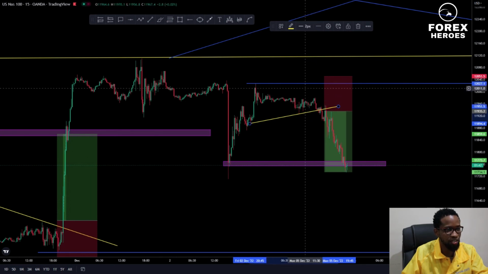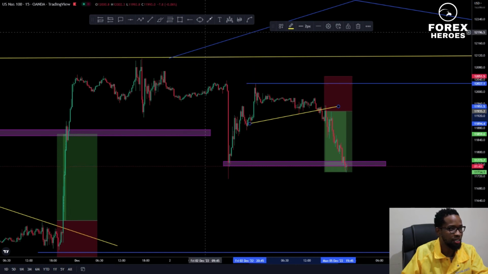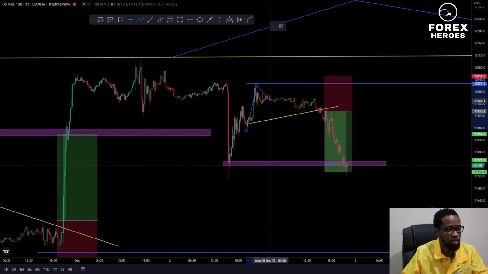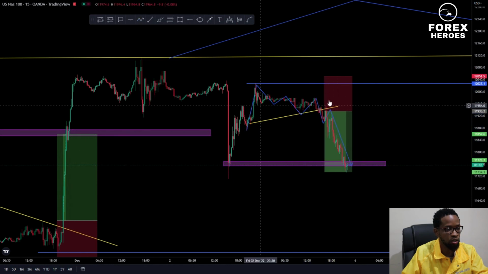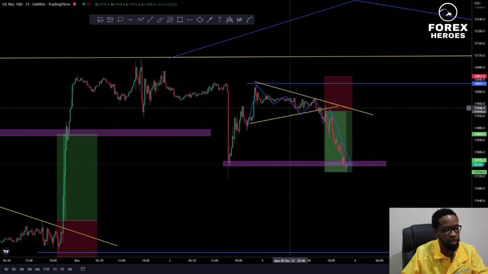Yes, it's a high, but you can see that the stronger one will be this one, because what I'm seeing is this type of formation. You see, so you can see that we are having a new downtrend.